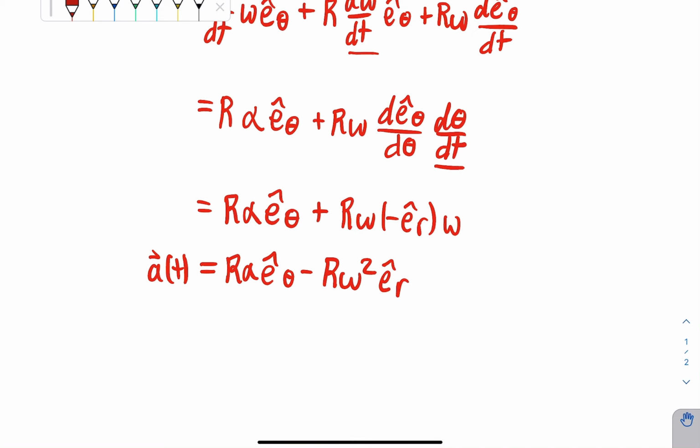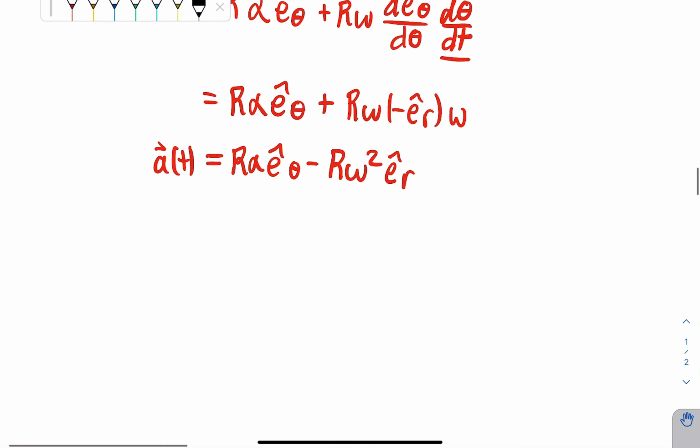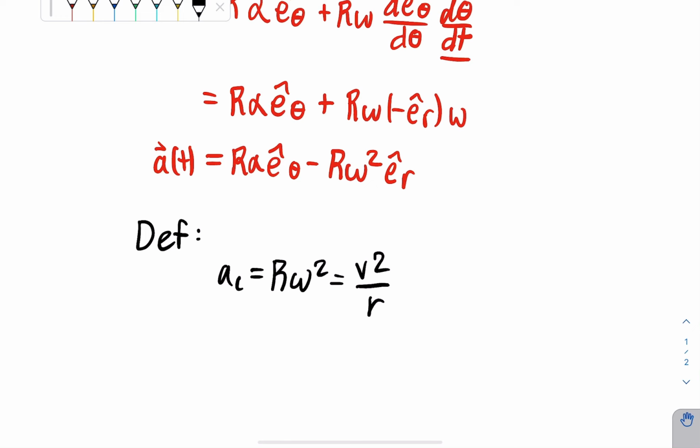Okay, so there we have our acceleration. And it's important to note that we also have something called the centripetal acceleration. If I define the centripetal acceleration, a sub c, it is equal to r omega squared, which is equal to v squared over r. Okay?